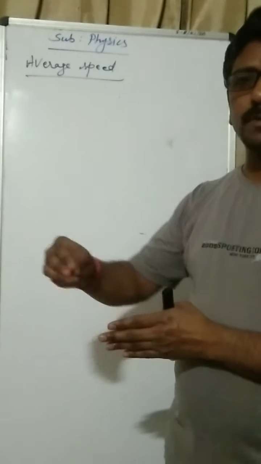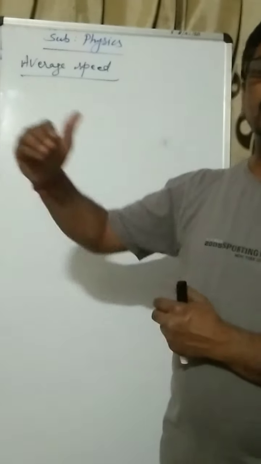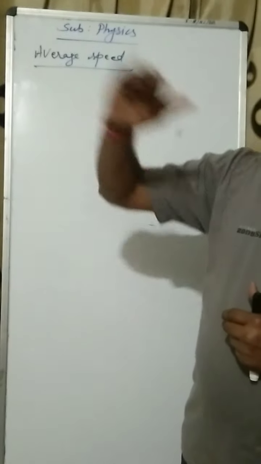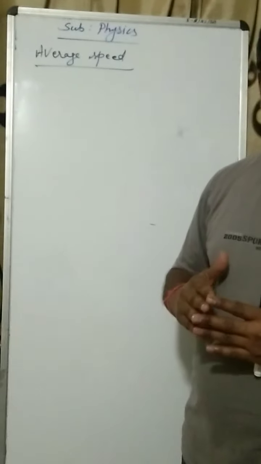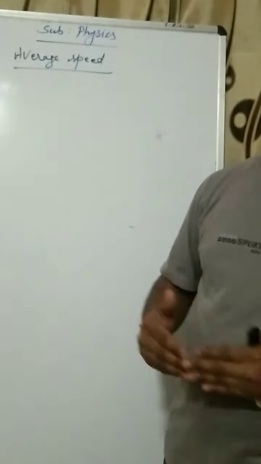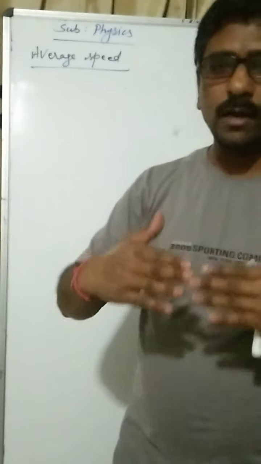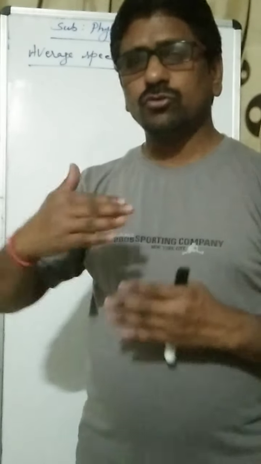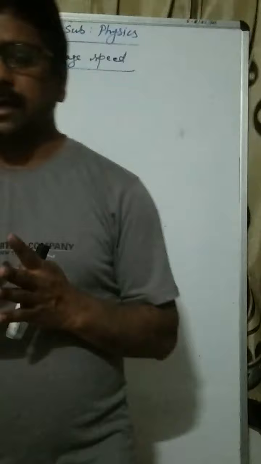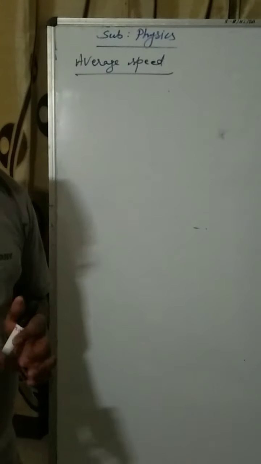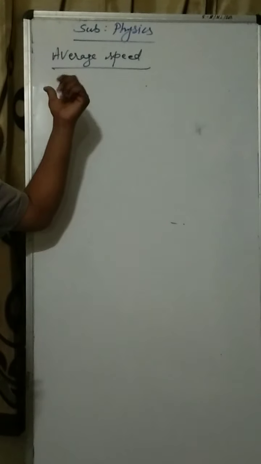In the beginning the speed is very slow, then speed increases, and if any straight road is there, then speed is okay. But when any breaker is there, any traffic area is there, then the speed reduces. So at different time intervals, different speed is there.